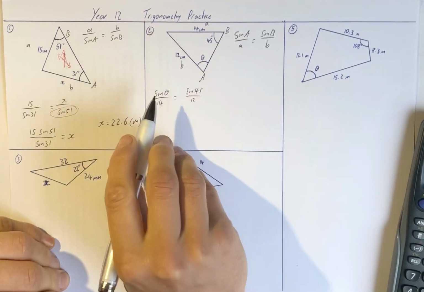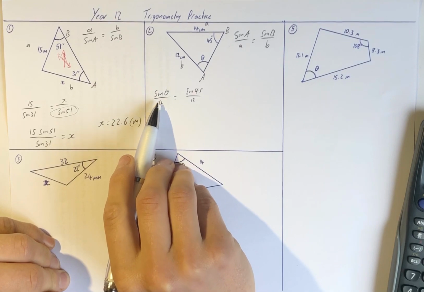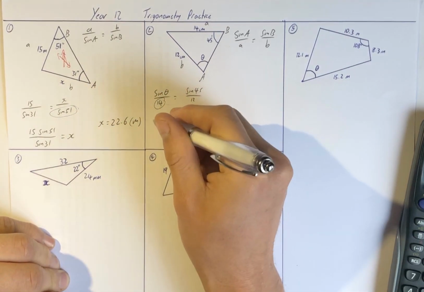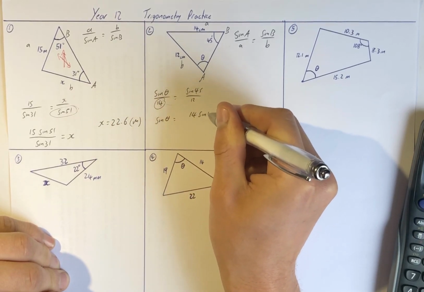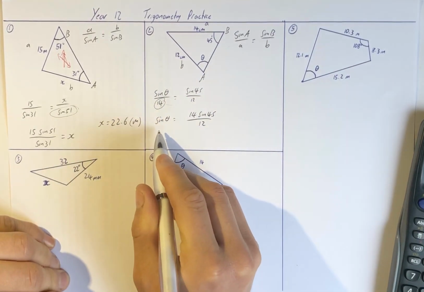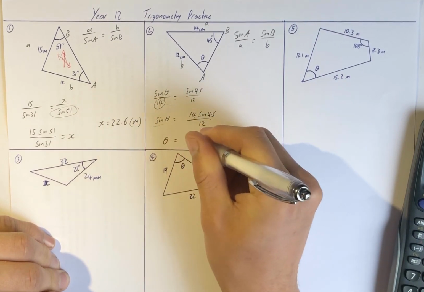This is why we have the two different formulas, because we want this unknown to be on the top. All we have to do now is times by the 14. It's 14 sine 45 over 12. And then you guys know from Year 10, 11, to undo a trig function, it's sine inverse.